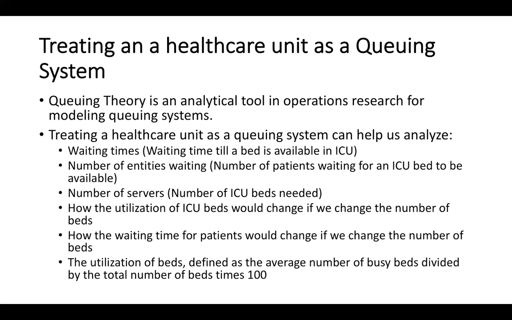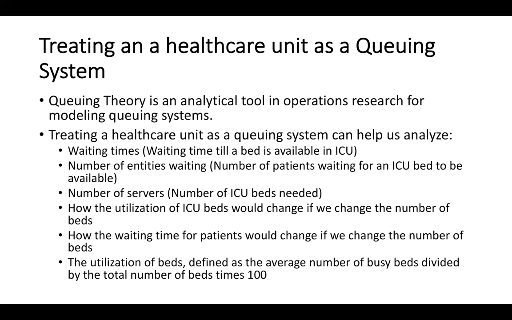If we have a primary care, we can identify how the waiting time of the patients in the waiting room would change if we increase or decrease the number of primary care doctors. And also we can identify the utilization of the beds, and this usually can be done using queuing theory.